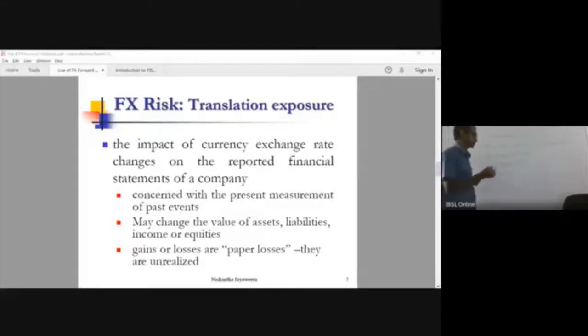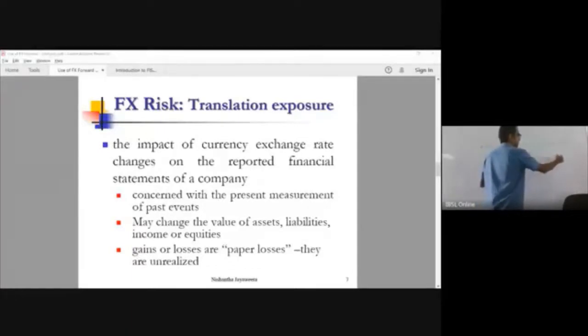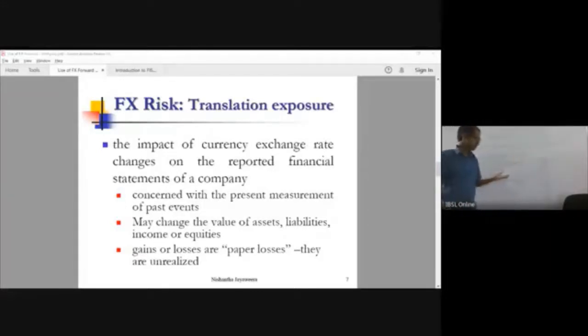You may use the dollar-LKR exchange rate as at 31st December to convert this 1 million into rupees and record it in your financial statement as a liability.